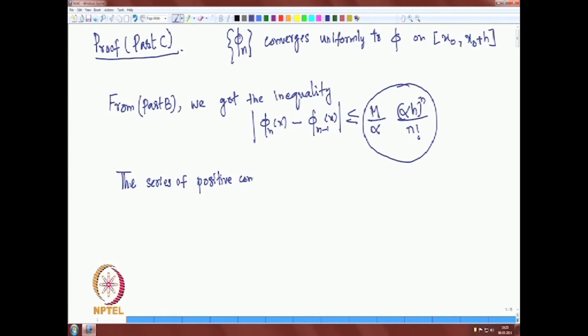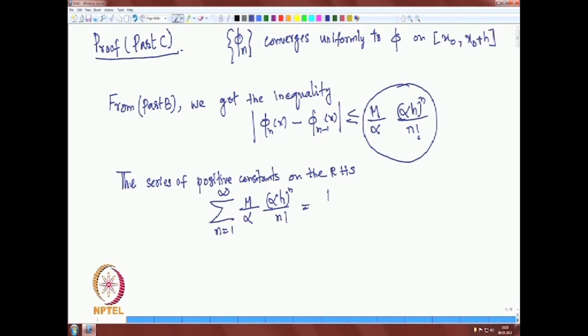So that is this series: M by alpha times (alpha h) to the power n by n factorial, as n goes from 1 to infinity.